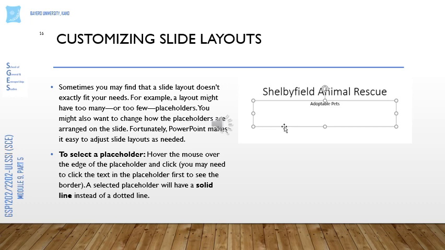Hover your mouse around the placeholders and click the text next to it on the border. You can use it to add a placeholder or delete a placeholder if they are too many. This helps give your slides a better fit for what you want to do with them.